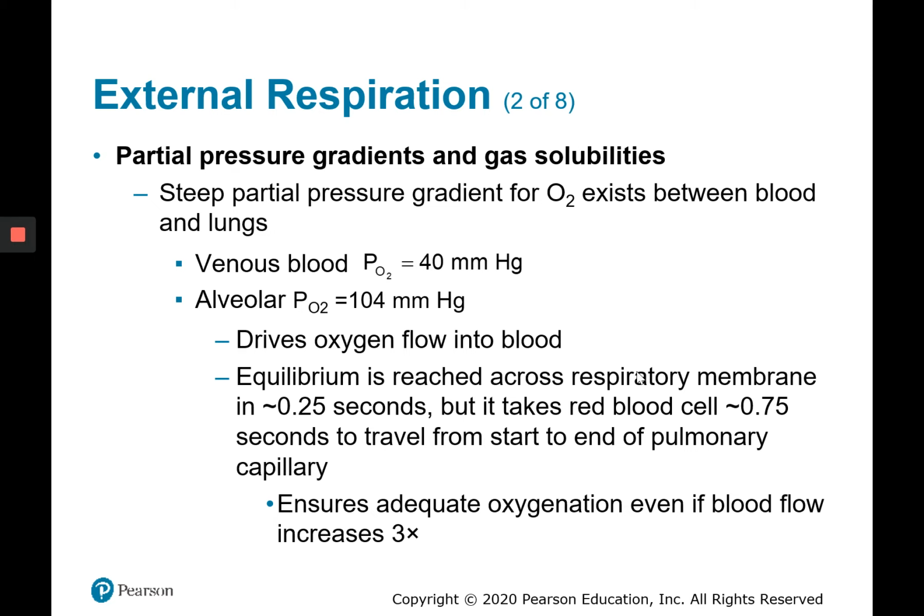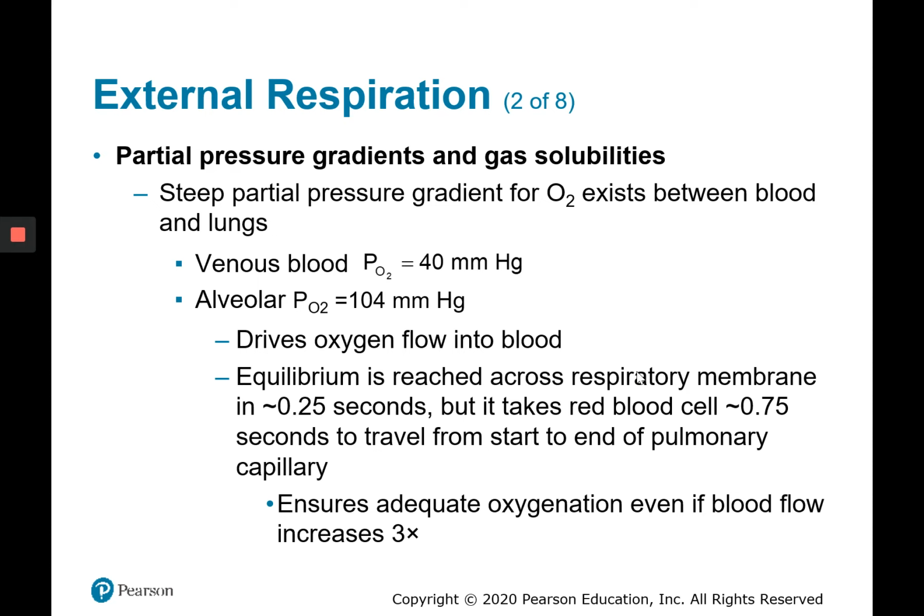Here we have the partial pressures of oxygen in both venous blood and the alveolus. In the alveolus, there is 104 millimeters of mercury of oxygen. That's its partial pressure in the airspace, which is much larger than the partial pressure of oxygen in the venous blood, the venous blood that is coming to the lungs and entering into the pulmonary capillaries. For the venous blood, its partial pressure of oxygen is 40 millimeters of mercury.